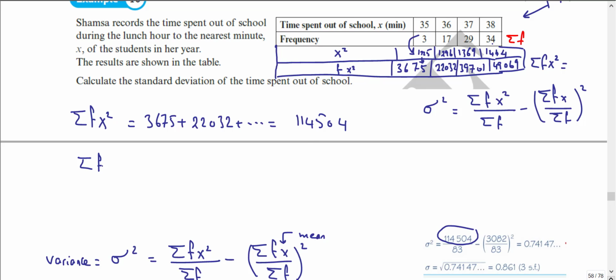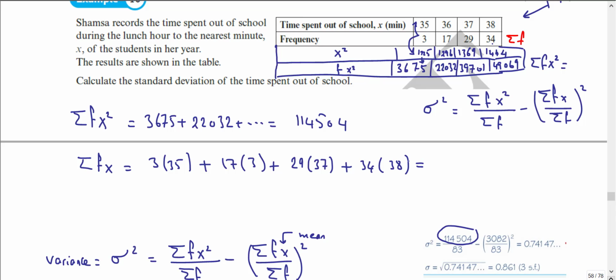Next you do sigma fx. Sigma fx means you take the frequency and multiply it by the data: 3 times 35 plus 17 times 36 plus 29 times 37 plus 34 times 38. You're multiplying frequency by x, by data. Are you following?